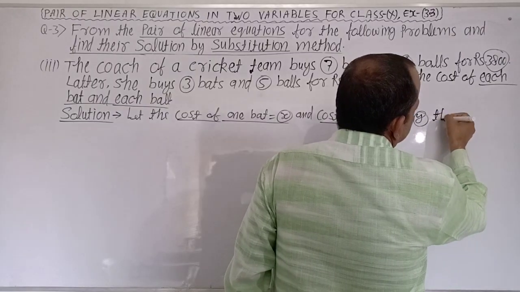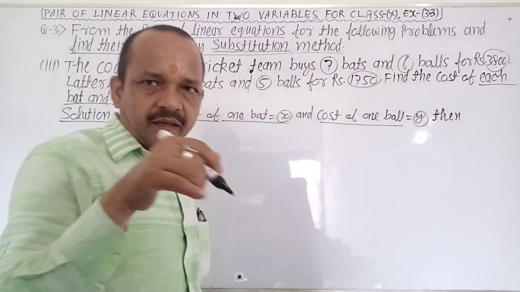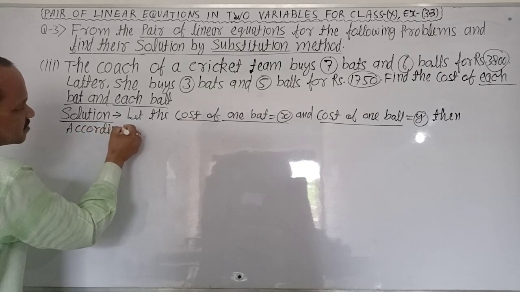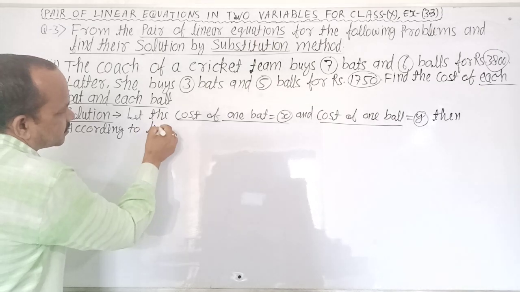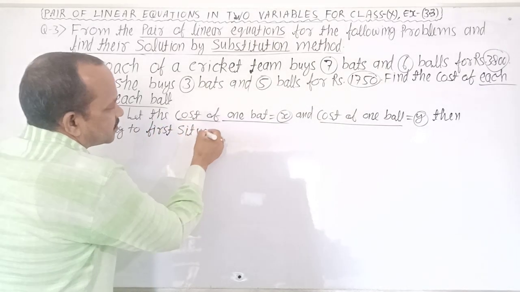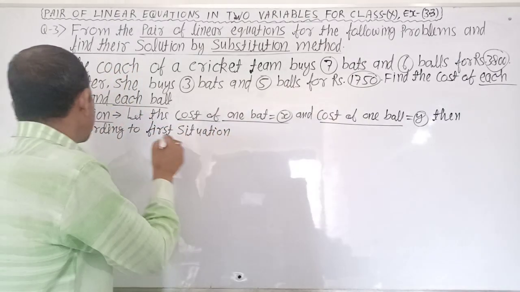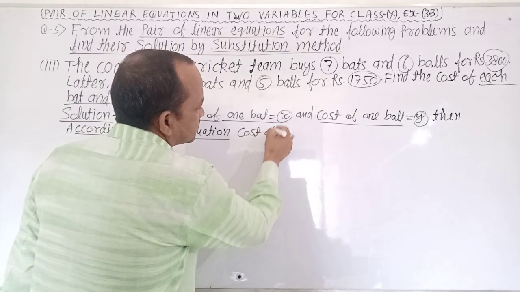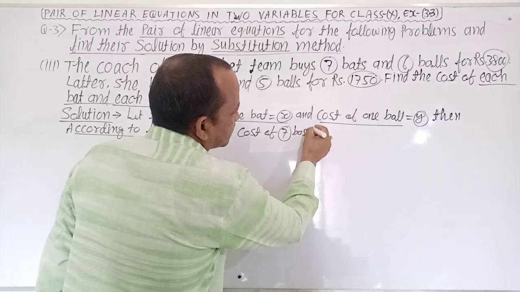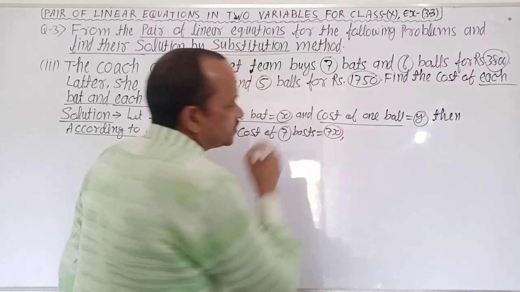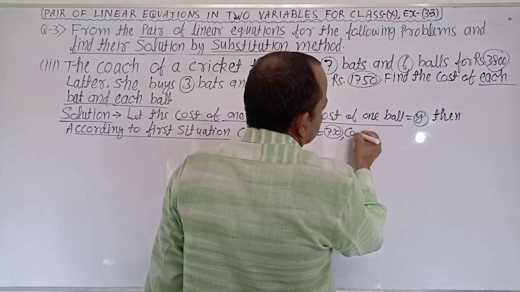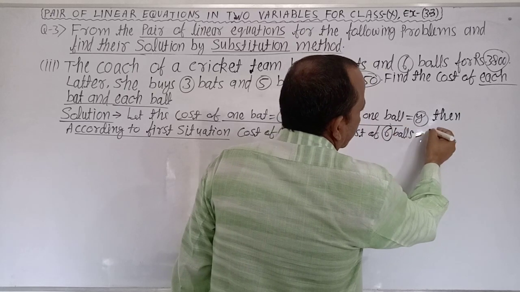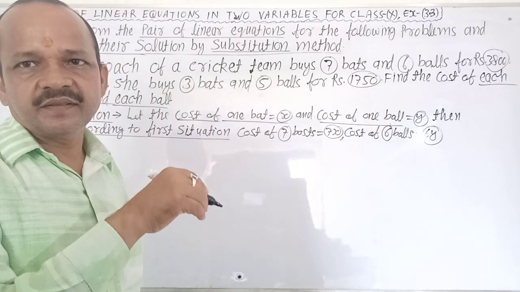Then according to the first situation, the cost of 7 bats equals 7x, and the cost of 6 balls equals 6y.